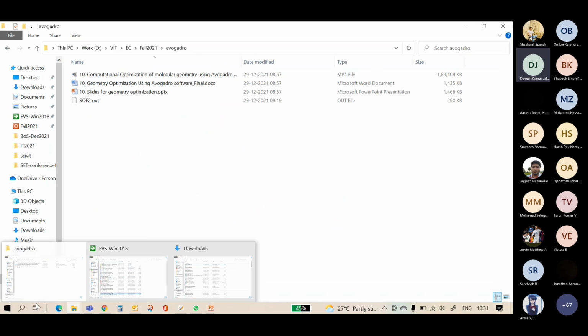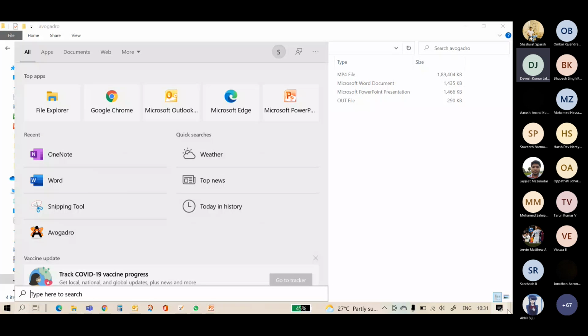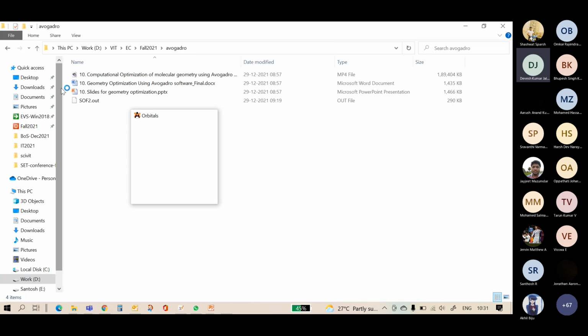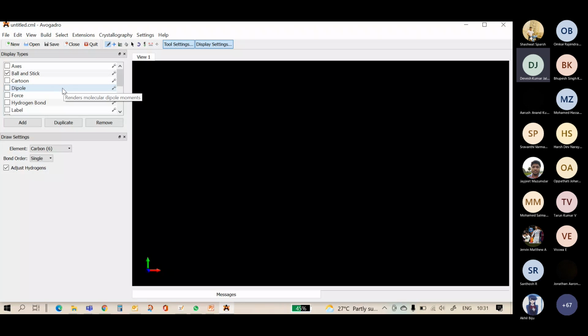Okay, so let me open up Avogadro for you. I hope all of you had installed Avogadro in your computer. So I'm going to draw simple molecules. There is something called energy minimization that you can do.